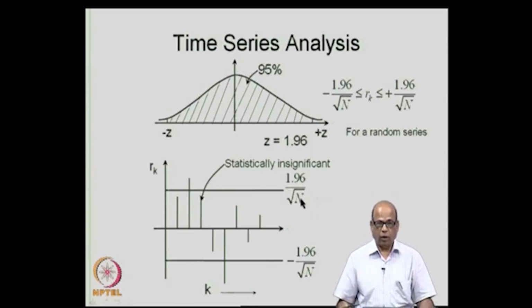So, n becomes 480. Any autocorrelation which is beyond the significance bands that we have just drawn becomes a significant autocorrelation value. All other values which lie within this band are insignificant at the level of 95%.